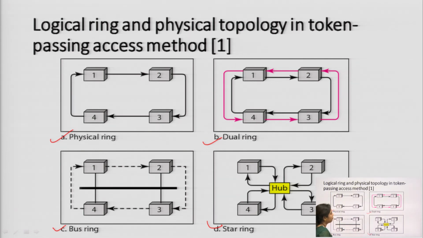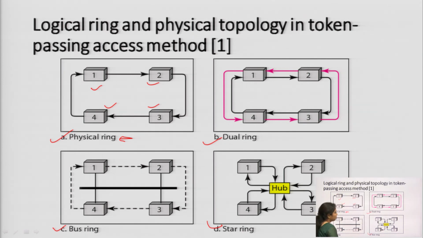From the ring you can consider that it is a closed loop, first of all. Here 4 stations are connected. This is a physical ring, meaning 4 stations are connected in ring form, and they transmit or receive the data in ring form.